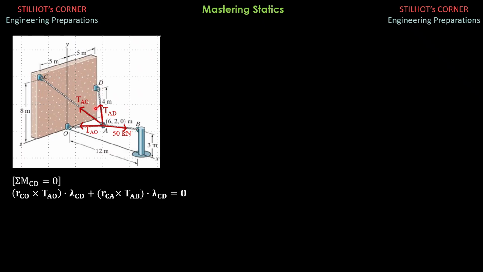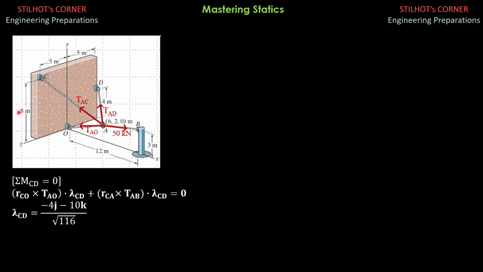CD is from C to D, so that would be negative 10i, then going down, 4 minus 8, negative 4j, over square root of 10 squared plus 4 squared. So square root of 116, sorry.